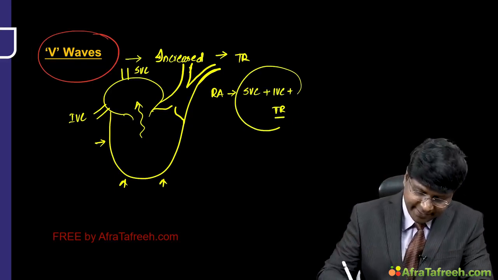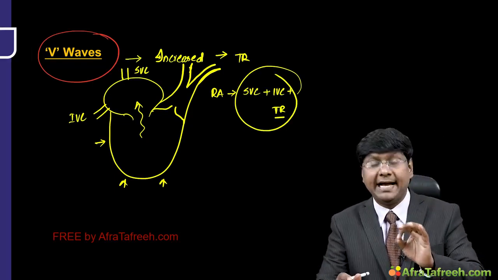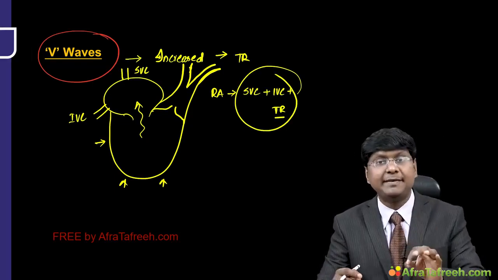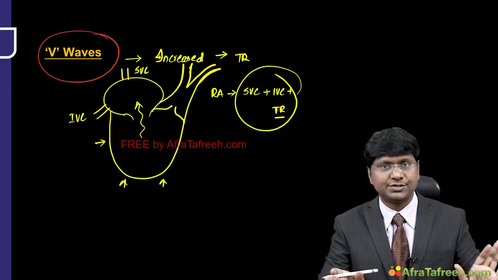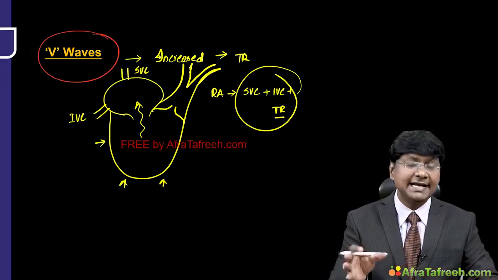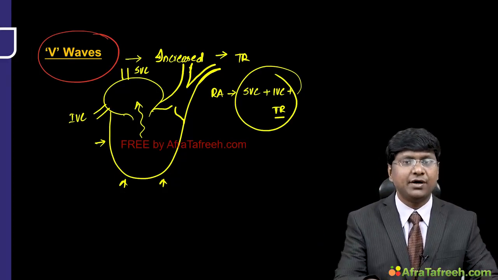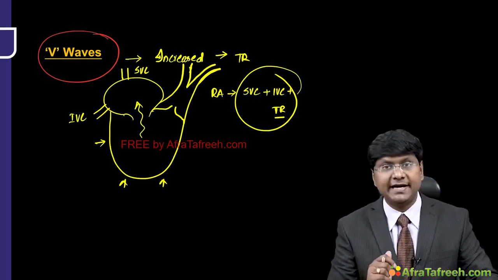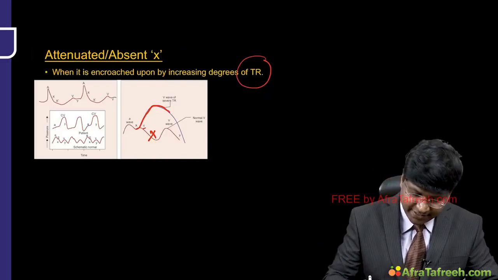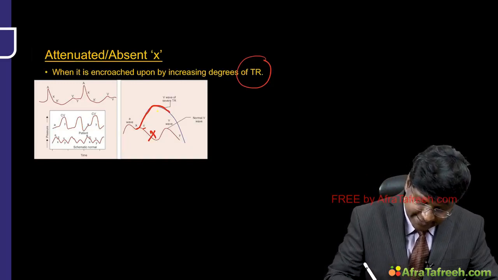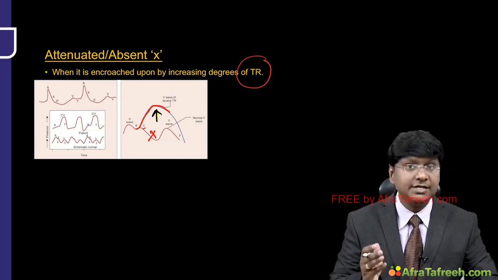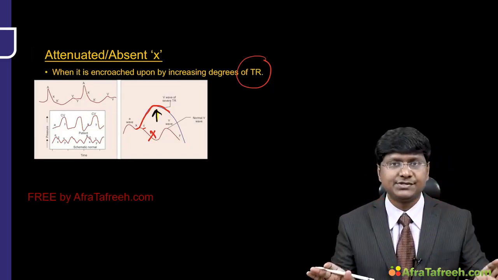So now, what will happen to the amplitude of the V wave? The amplitude of the V wave will be increased, okay, because it has the additional blood which has been received now. So thereby the V wave amplitude is increased, and that is what is being represented here also. So you can see that the V wave amplitude in case of the tricuspid regurgitation is greatly increased, right?